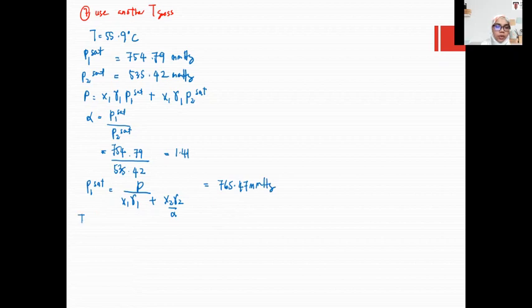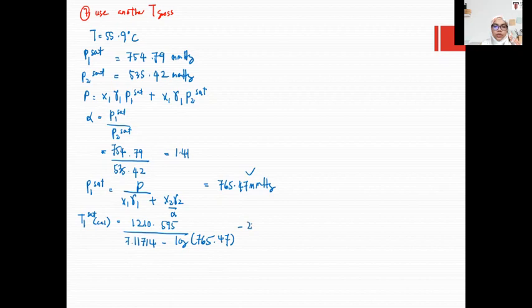So T1 saturation, you can obtain it by inserting into the Antoine equation. The Antoine equation is 1.595 over 7.11714 minus log 6, using this 4, minus 229.664.